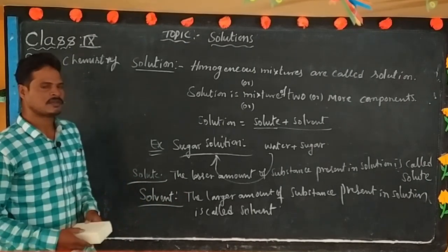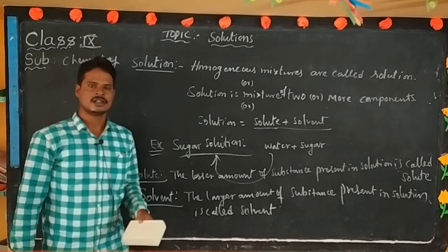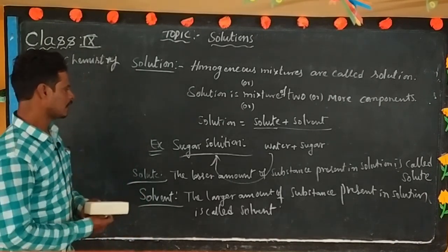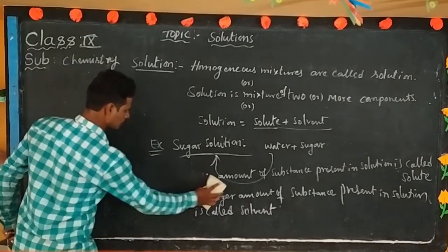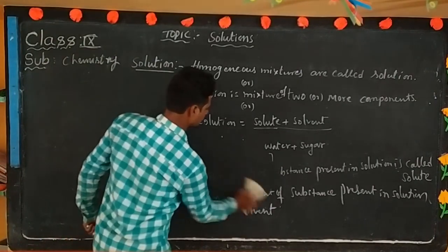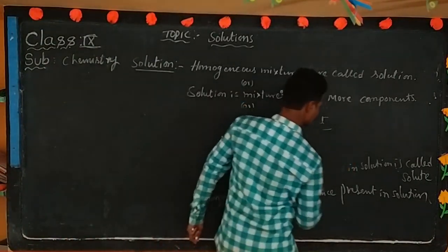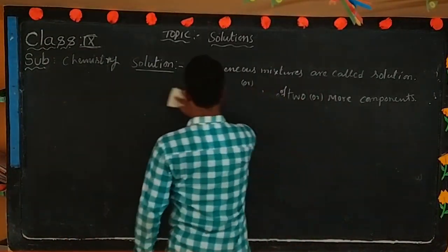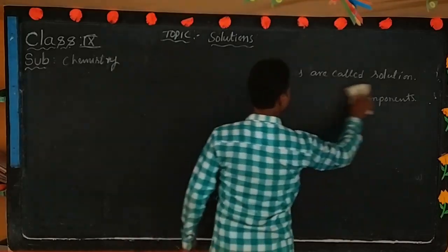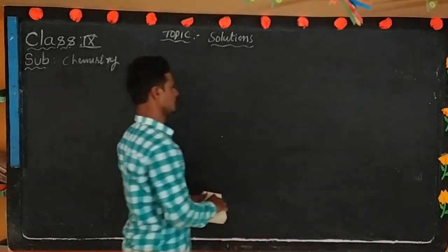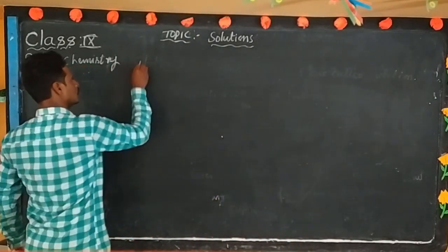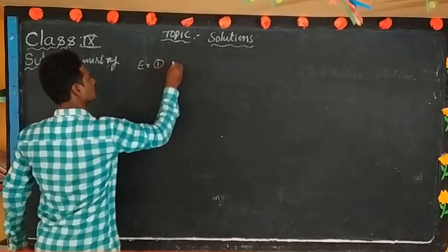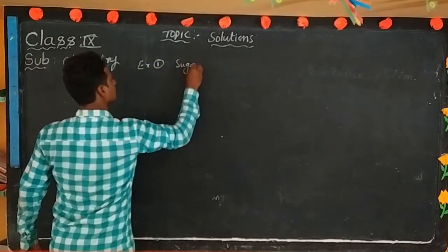How can you identify the solute and solvent in a solution? Let me take one example. Simple. Example 1, sugar solution.